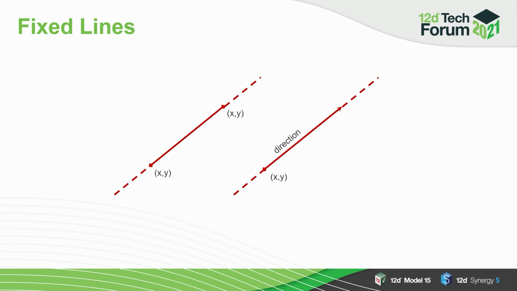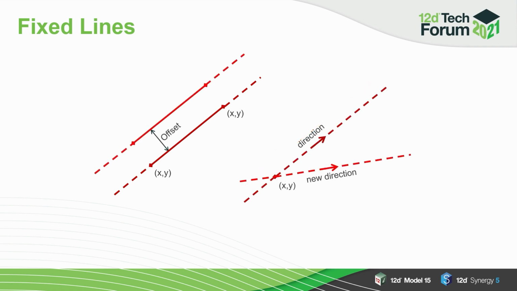And then importantly, when we've created this fixed line, we can be really quick when making any changes to the inputs. So, as I mentioned before, we can simply add an offset, or change the direction of the element part, or move the point or points themselves to define the new geometry for the straight length of road. So we have a lot more options when it comes to change. And that's fixed lines.